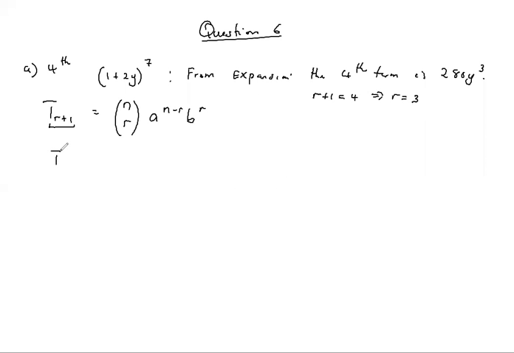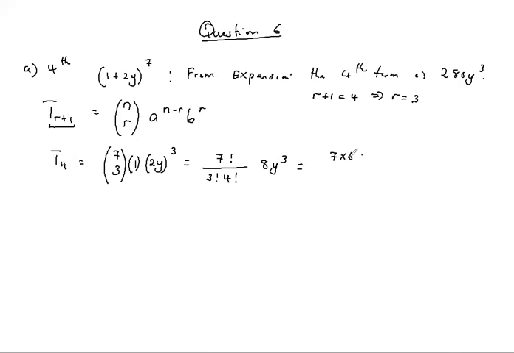So we have T4 here, and our n from the question is 7, which is the power. We have found r to be 3, and a is 1. I don't even put the power because it won't change anything. Then b is 2y to the power r, and r is 3. So we have 7 factorial over 3 factorial 4 factorial multiplied by 8y³.